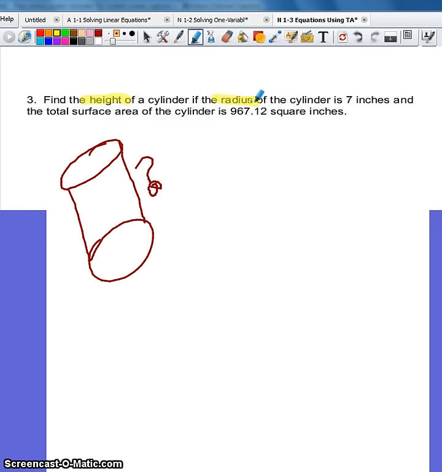I have height, radius, and surface area. If you look at a formula chart and you look at surface area and the word cylinder, which I should have highlighted as well, what formula would you use?